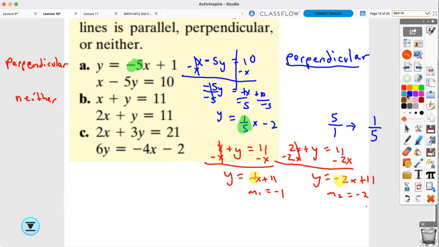All right, would anyone like to share what they got for C? Are the lines in C either parallel, perpendicular, or neither? For C. So A was perpendicular and B was neither.